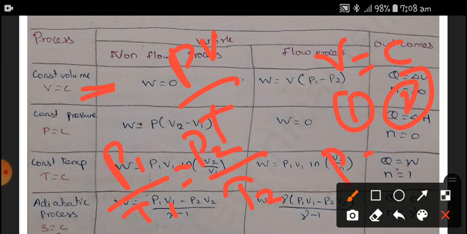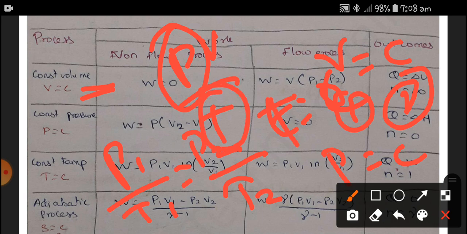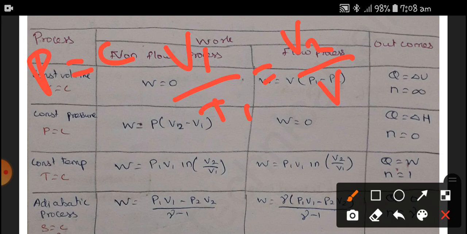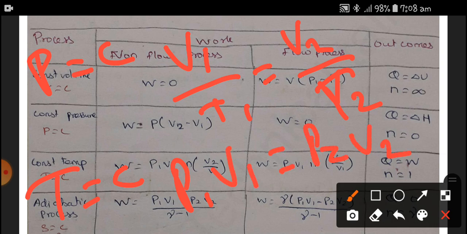Similarly, for pressure equal to constant, V1/T1 is equal to V2/T2, and if T is equal to constant, it is P1 V1 is equal to P2 V2.